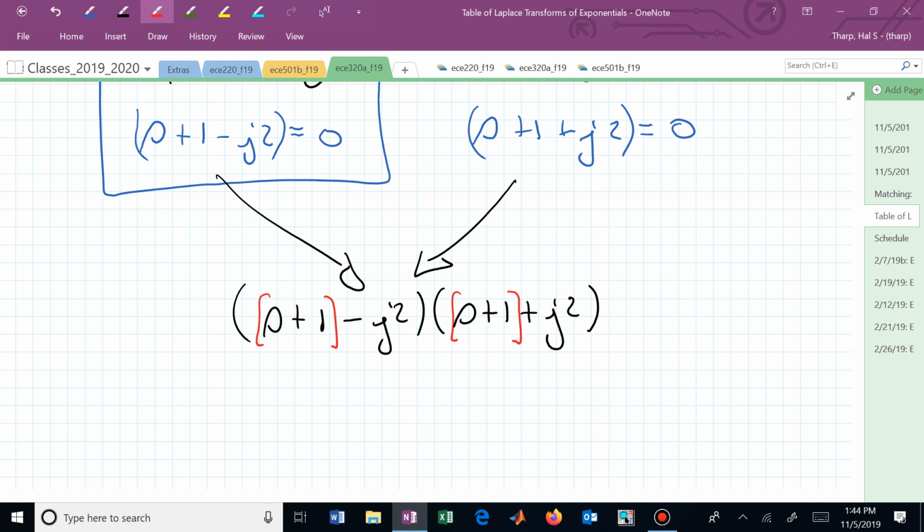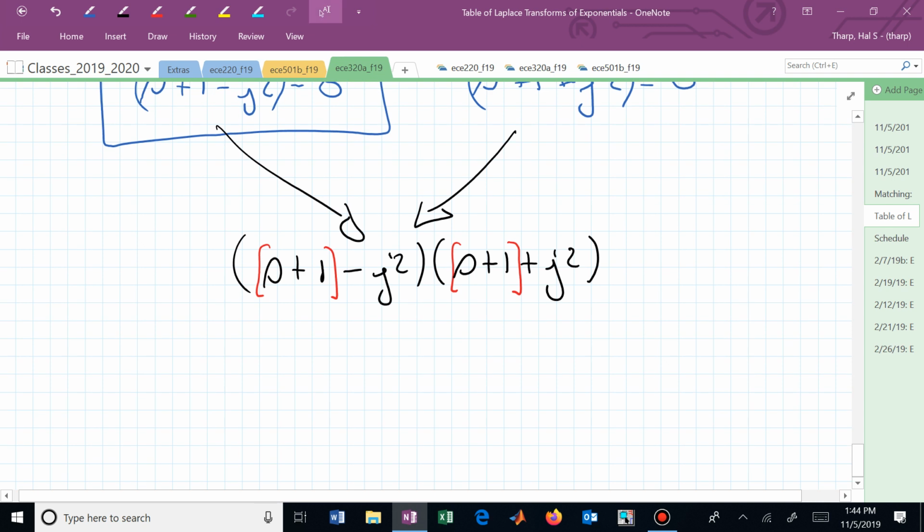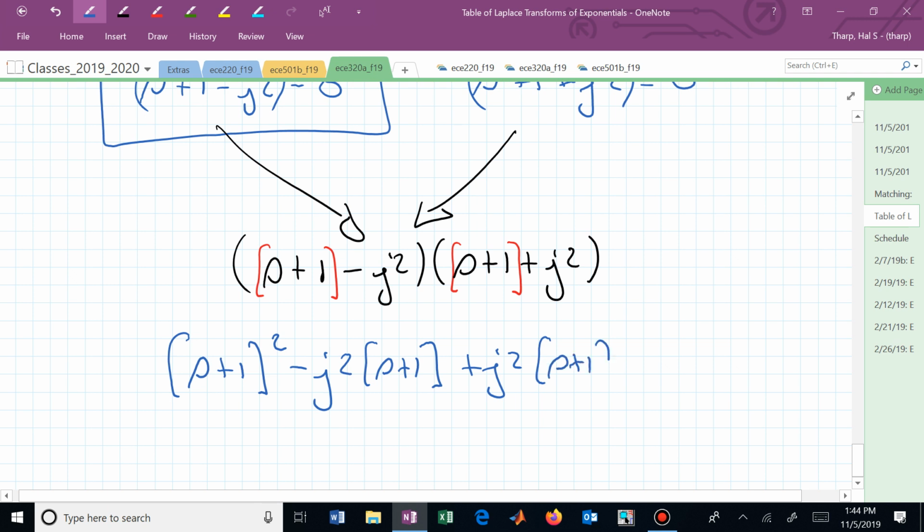Doesn't take me in front of an audience to go blank. But now we have S plus 1 squared minus j2 times S plus 1 plus j2 times S plus 1 minus j2 times j2.